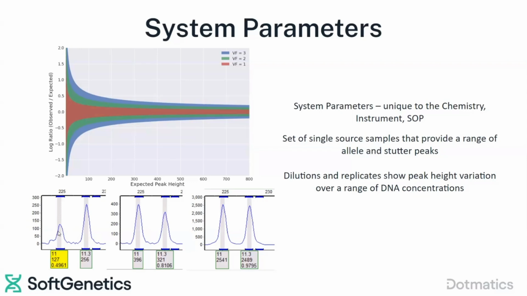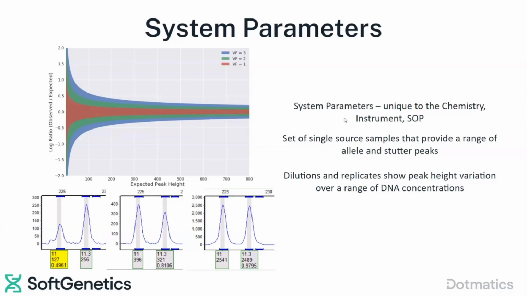Okay. So these are all examples of the samples that you provide to the software as part of the system parameter estimation or calculation. You're using dilutions and replicates to show the peak height variation over the range of DNA concentrations. You want to select samples that have a wide range of peak allele calls so that you can capture as much stutter information and as much variation because of size as possible.